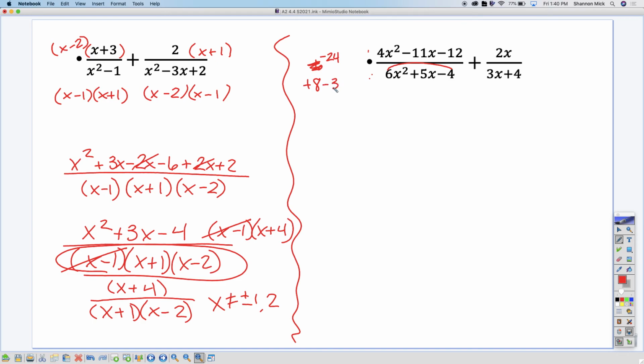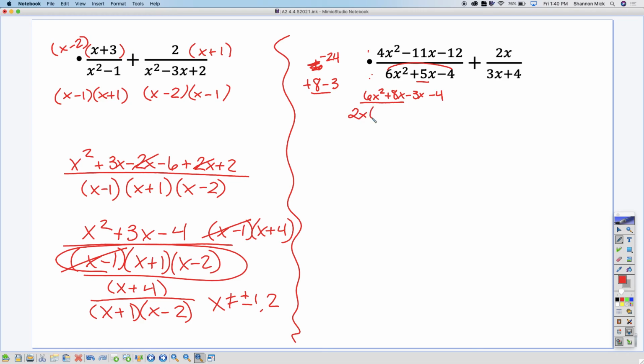positive 8, negative 3. Now, do we need to go through the whole factor by grouping? Yes? Probably? Okay, so these two replace this, yes? Right. So I have 6x squared plus 8x minus 3x minus 4. I'm just going to group the first two. You can group them the other way, but I'm just going to group the first two. What do they have in common? 2x.